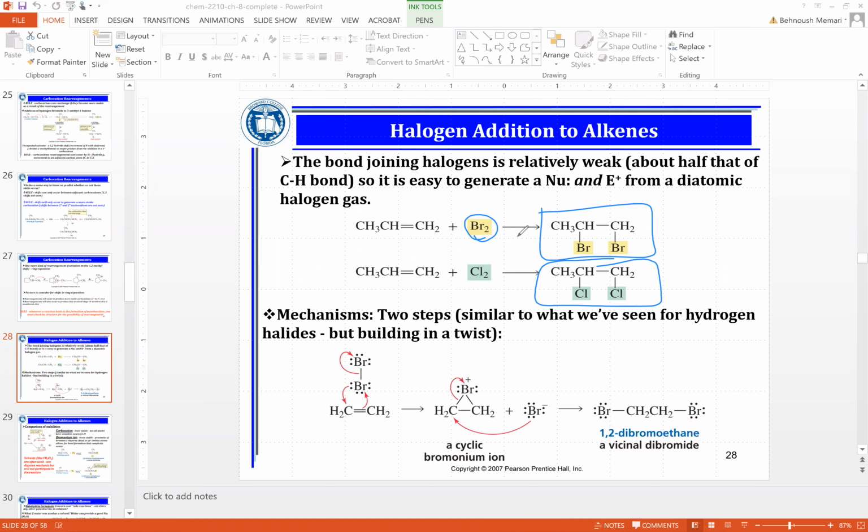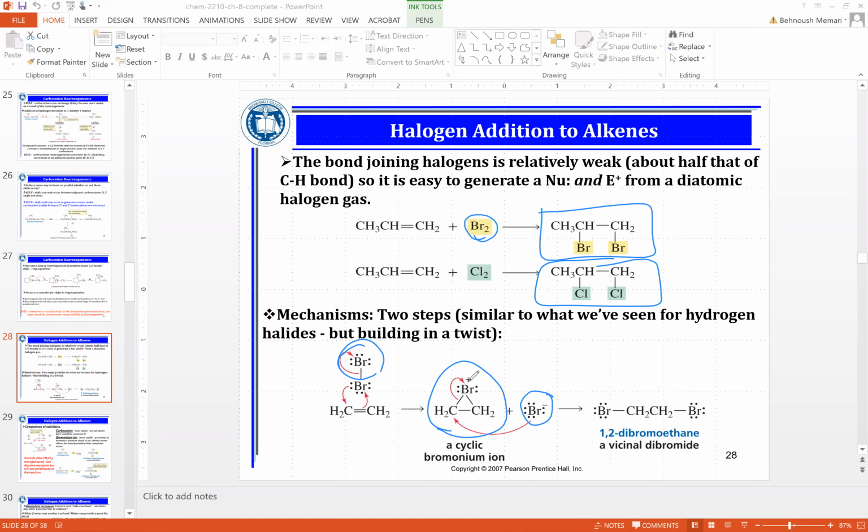But what is discussed here is the formation of this intermediate. The pi bond is going to form a bond with the first Br, and the second Br is going to leave with the pair of electrons. Since the second Br is leaving with a pair of electrons, that means the Br that was forming a bond with this double bond is positively charged.